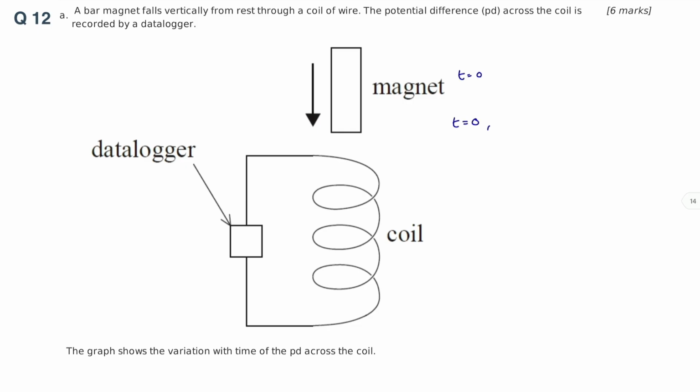At t equals 0, there will be no PD across the coil, because it's not moving, and there's no change in magnetic flux linkage with respect to time.